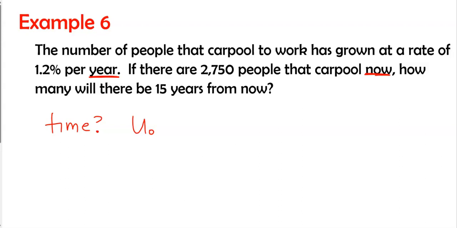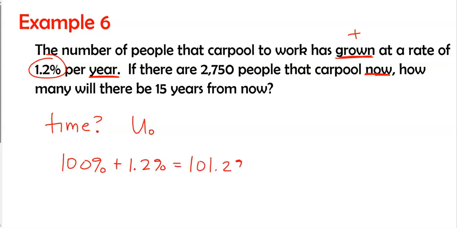Okay. Now after that, we want to deal with this percentage. So we did this sum before. We're doing it again. We always want to start with 100%. And then it says it's grown at that rate. So we're going to add 1.2% to our 100%, which gives us 101.2%.